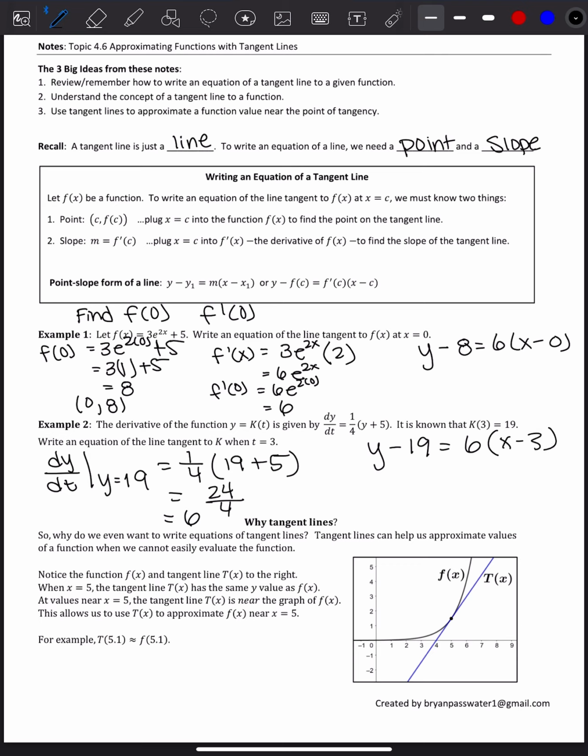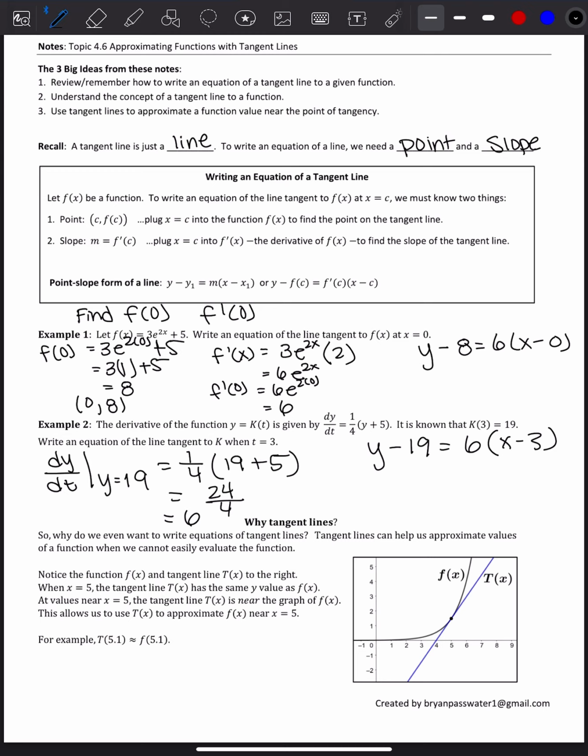So equations of tangent lines, especially when we're really close to our value, give us a really good approximation for functions where we can't really put a value in and get a good y value. So for instance, I can plug in 0 to our first equation, f of x, 3e to the 2x. I can plug in 0 and it's not a big deal. I can figure out an exact value for that.